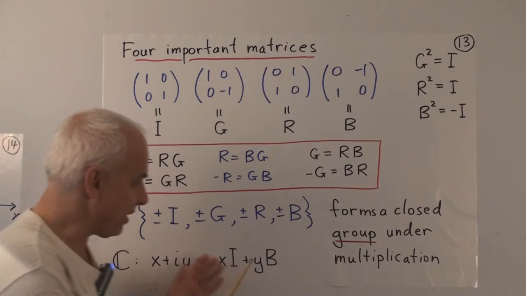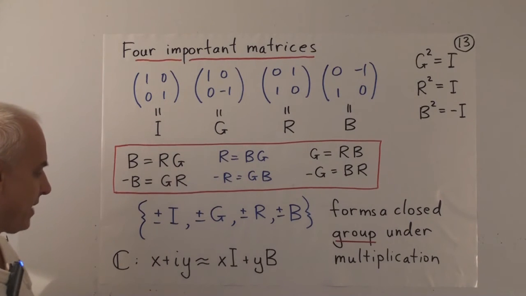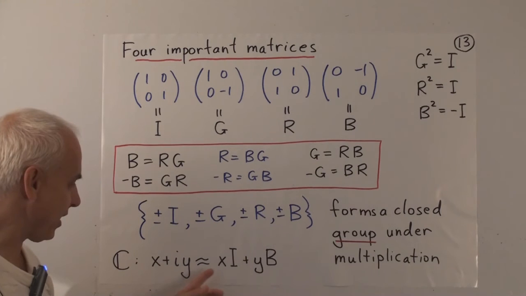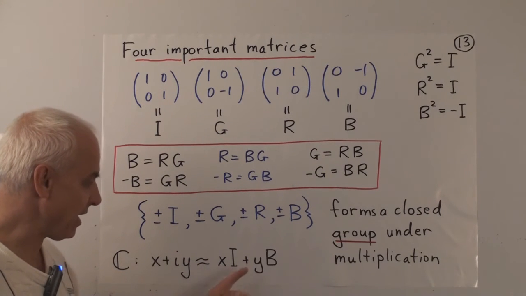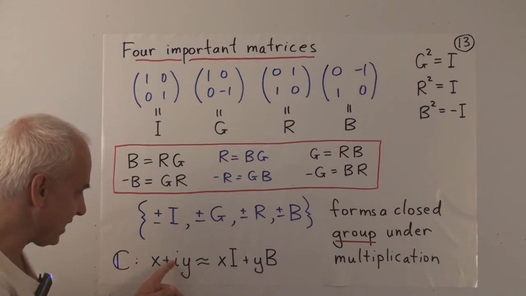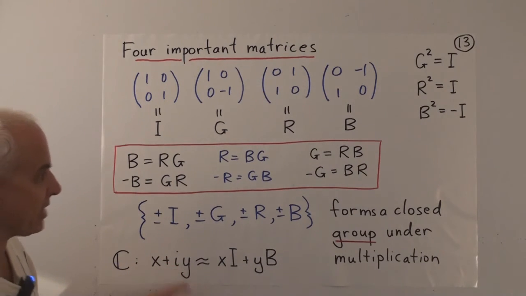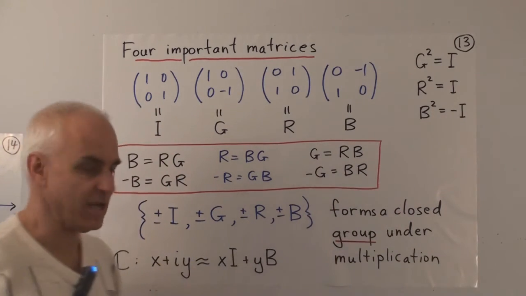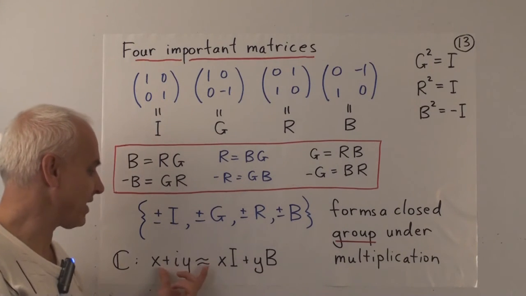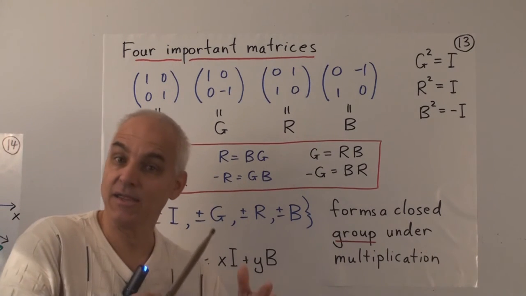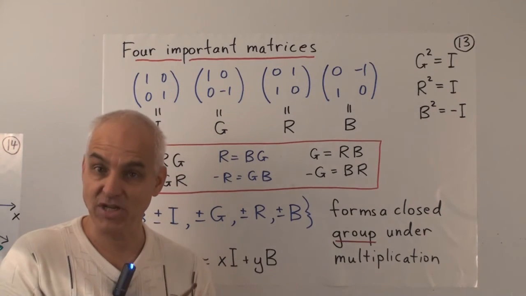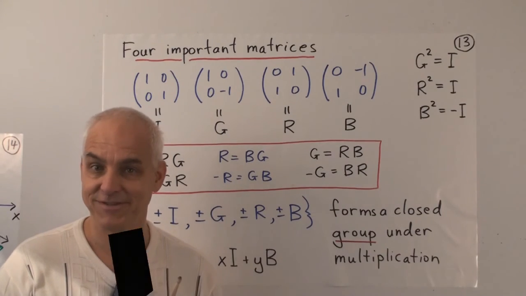But now what we can do is connect that x plus i y complex number with a matrix. We can connect it to the matrix x times I plus y times B, where this I is the identity matrix. Because this matrix B is acting the same way as this abstract number i is. Its square is minus 1 essentially, because the identity is like 1. So this is a way of thinking about the complex numbers represented inside the arithmetic of 2 by 2 matrices. It's another indication of the richness of our arithmetic of 2 by 2 matrices.